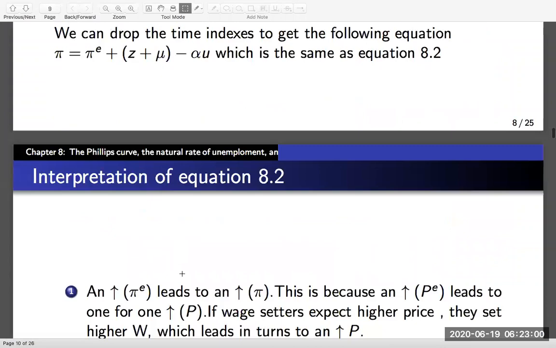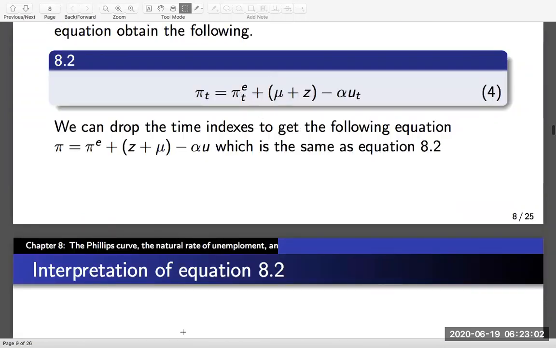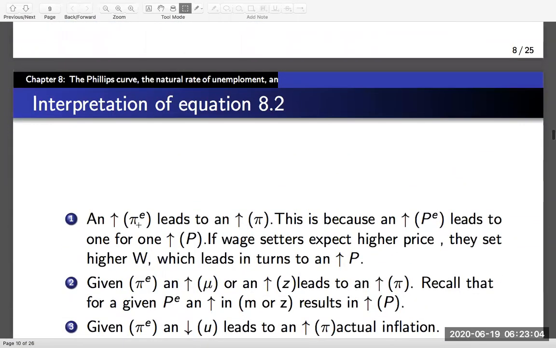What does the interpretation of this equation mean? If you increase your expected inflation, it will lead to an increase in your current inflation. This is because as your expected price goes up, it leads one-for-one to an increase in your price. If wage setters expect higher prices, they set higher wages, which in turn leads firms to set higher prices.